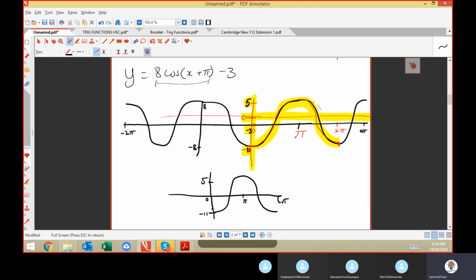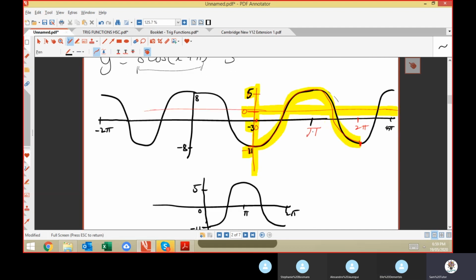Because with this question, originally this was 2 pi, so if that was 360, and this would have been 3 pi, so what's 3 times 180? 540.